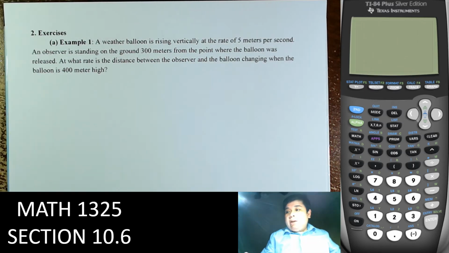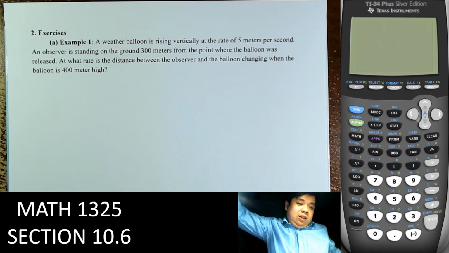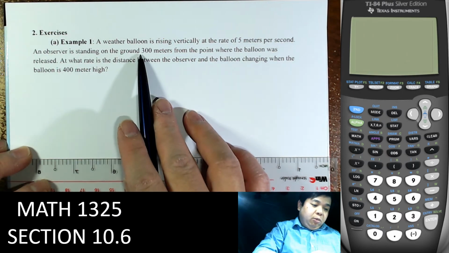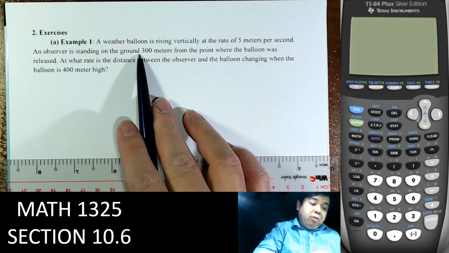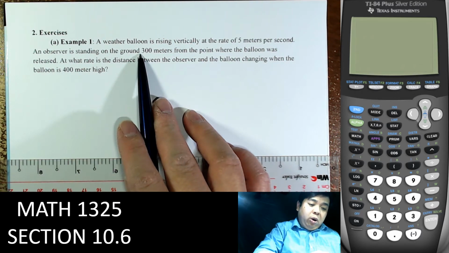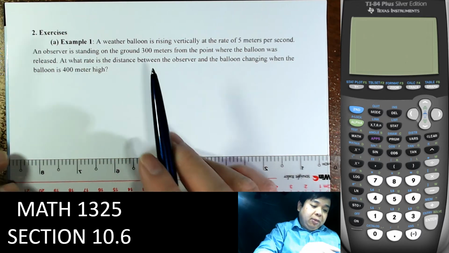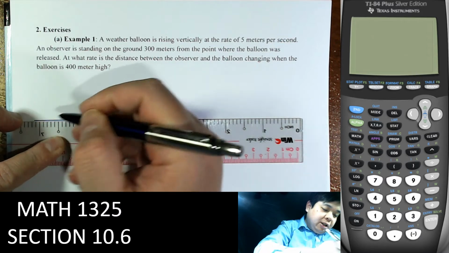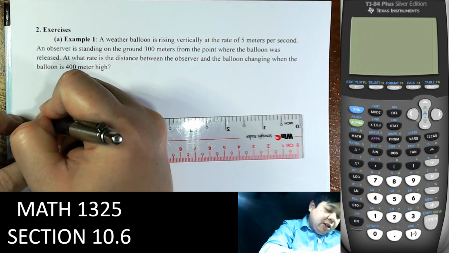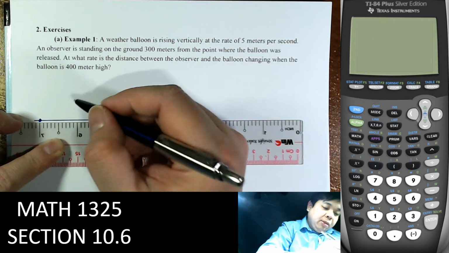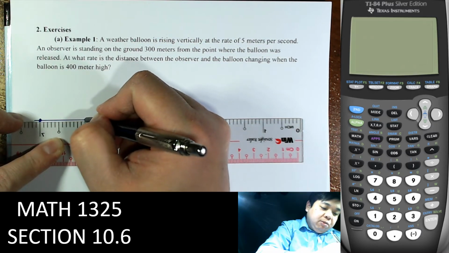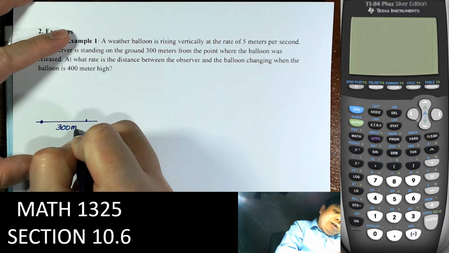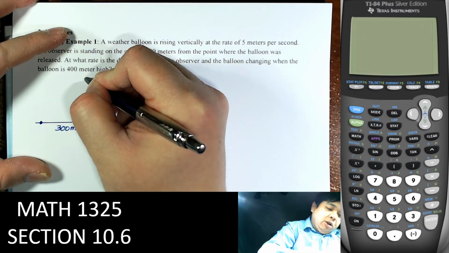Right, so we just have to draw, see what we have. So the balloon is rising and the observer stands 300 meters away from the point where the balloon was released. Right, so we stand here and the balloon is about, say, 300 meters away, and the balloon is released to the air.